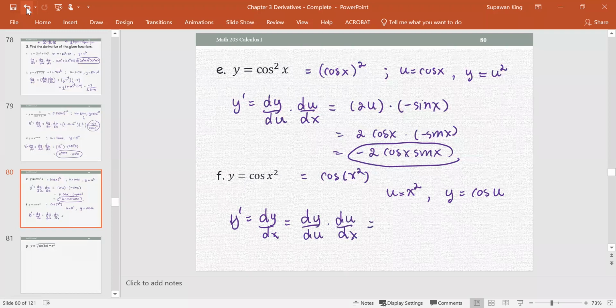The y is cosine u. The derivative is negative sine u, multiplied by the derivative of u with respect to x, which is 2x. Replace u with x squared to get negative sine of x squared multiplied by 2x. Rearrange the terms to get negative 2x times sine of x squared.